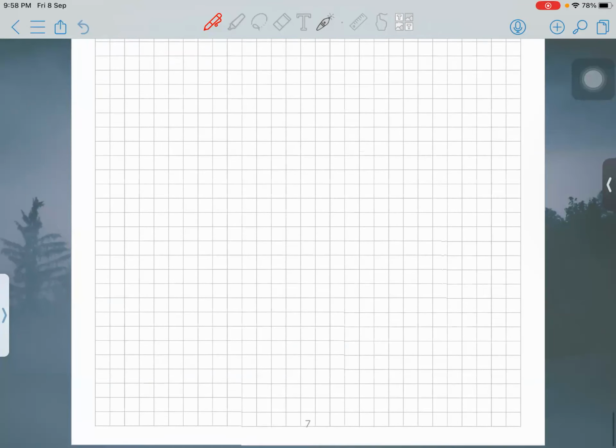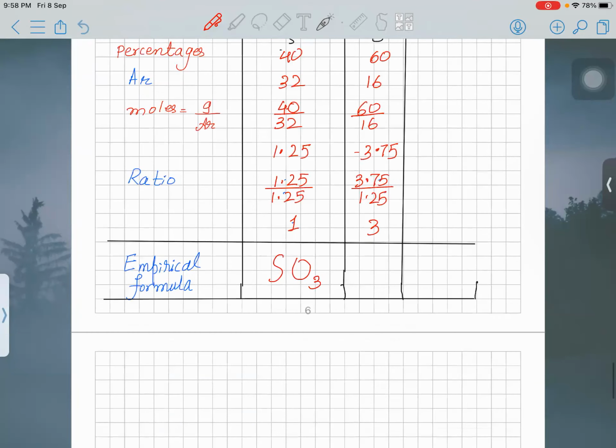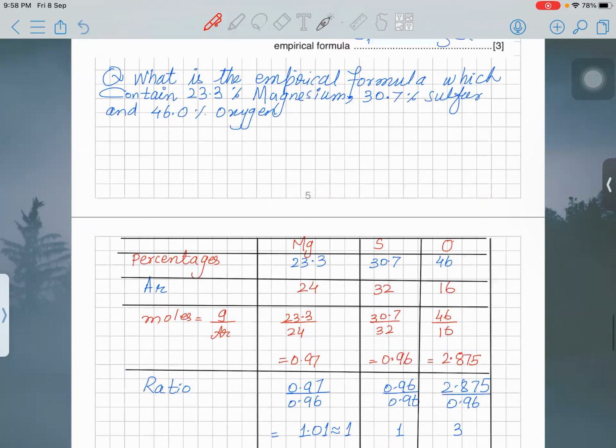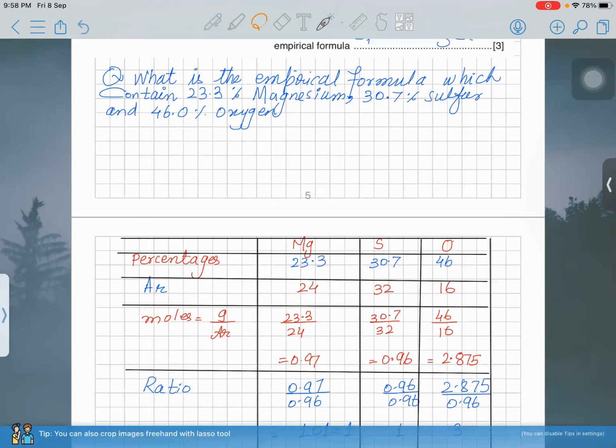Now solve question number 3. Please solve the question and send it back to my WhatsApp number.